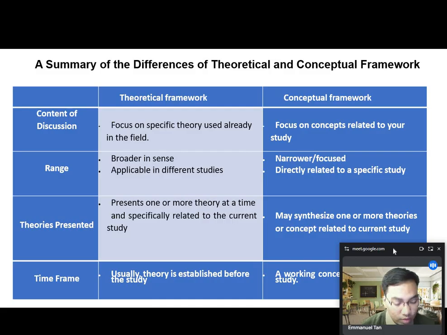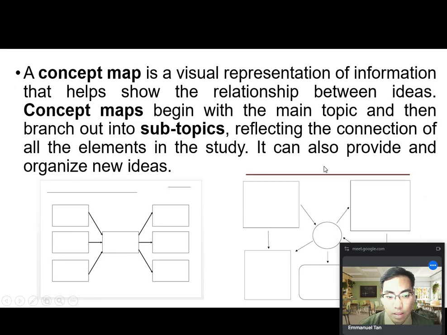Okay? So, same as true in research. Ito yung visual representation of your research process that is specifically based on your research questions. Okay? Look at this. No, you can use concept mapping. A concept map is actually a visual representation of information that helps show the relationship between different ideas.